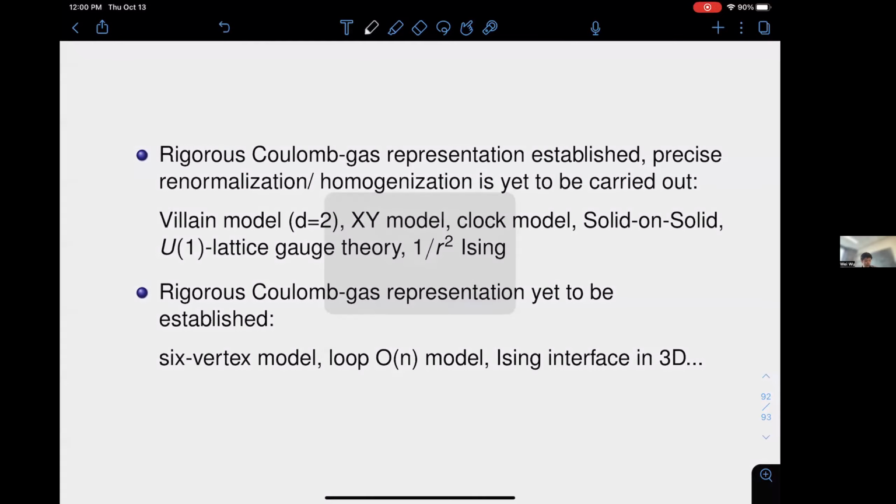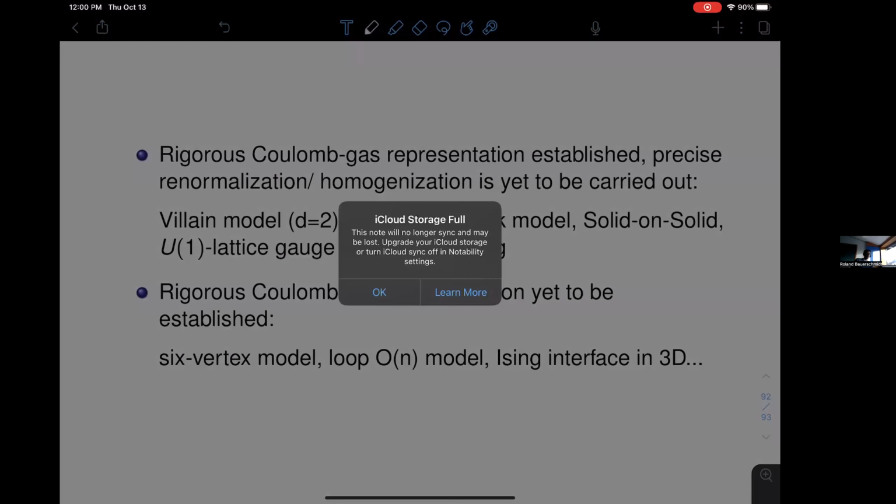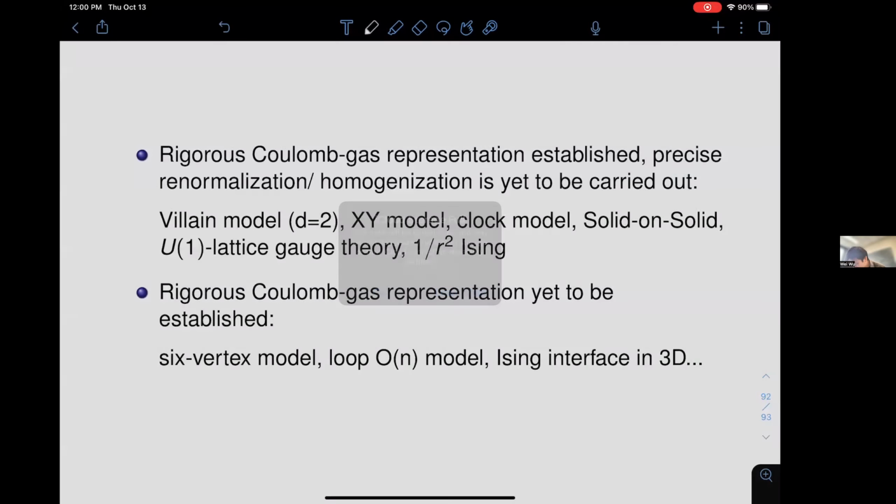So beta effective is 8 pi, but it's a function of beta. That's where the critical temperature is. So there's probably not a nice expression then. Yeah, I don't think so.